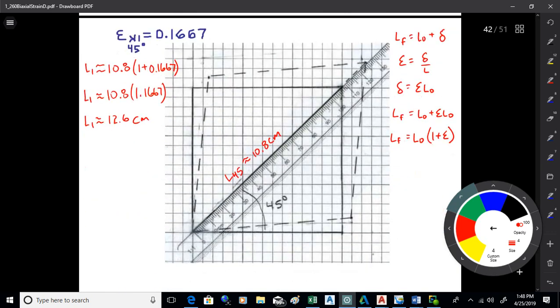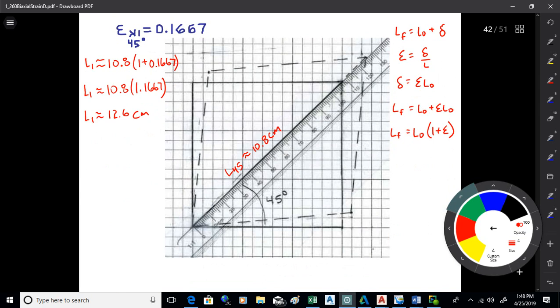Now, what this model predicts is that the final length should be the original length times 1 plus the strain. Because it's expanding out by 0.1667, it's getting 16.67% longer. When I run those numbers, the final length ought to be 12.6 centimeters. That's what this thing predicts. See?